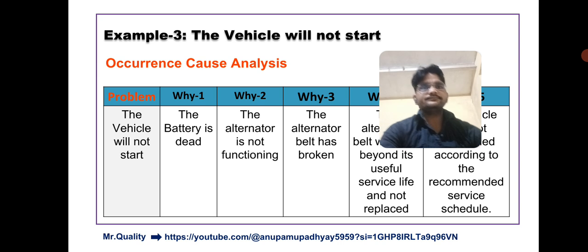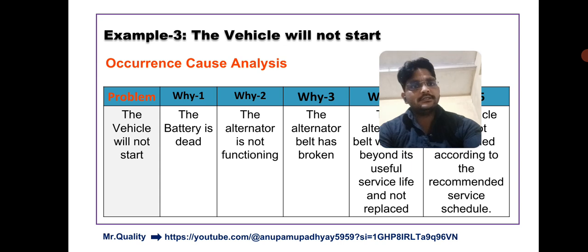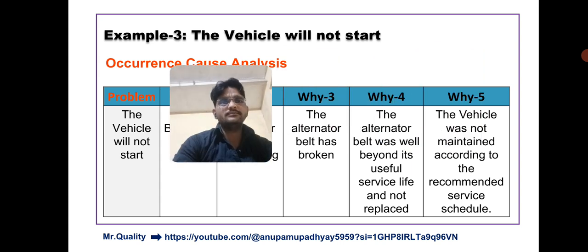Third one is example 3. The vehicle will not start. This is the problem. Means occurrence cause analysis. First, why the vehicle will not start? The battery is dead. Why battery is dead? The alternator is not functioning. Why alternator is not functioning? The alternator belt has broken. Why the alternator belt has broken?